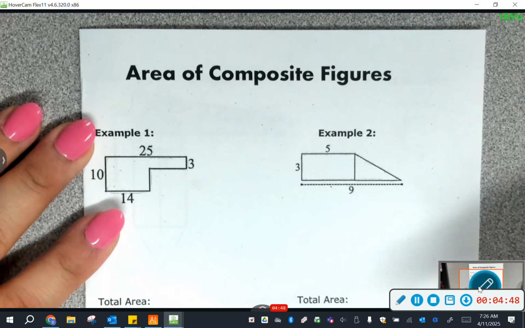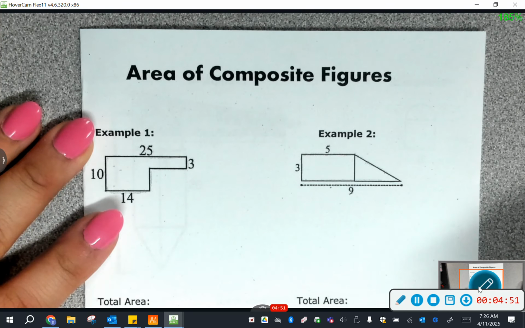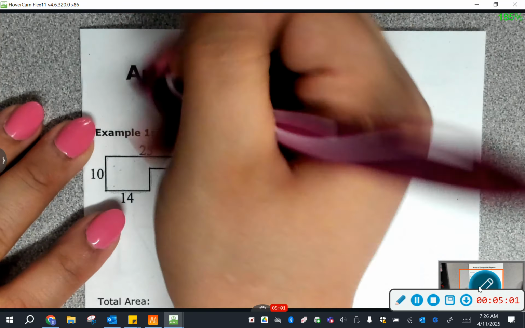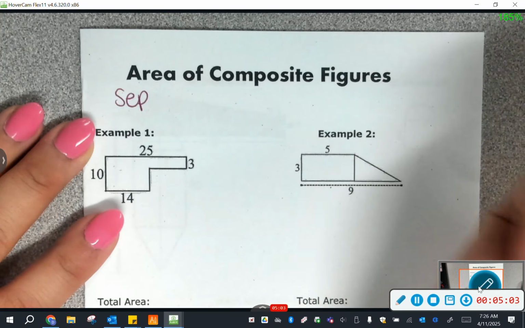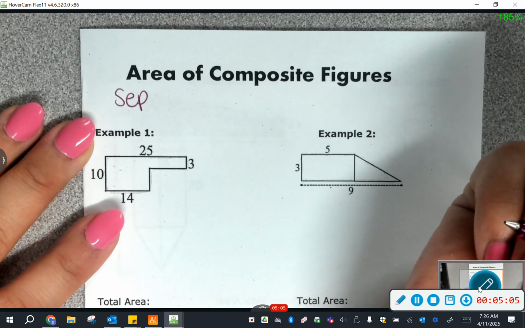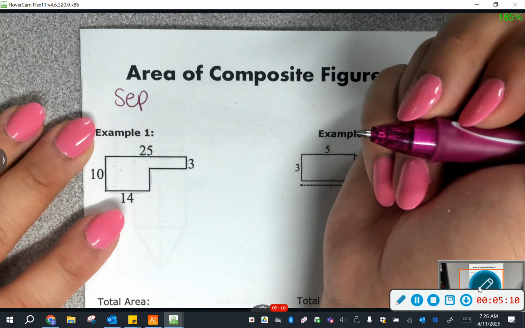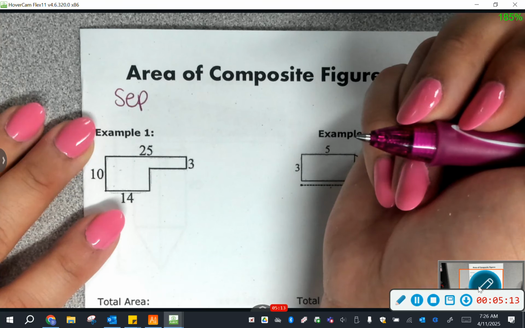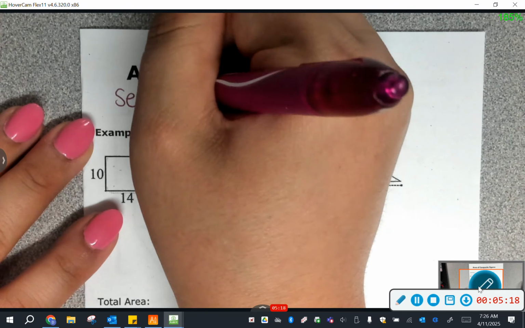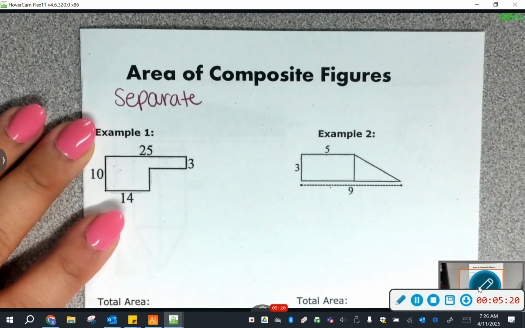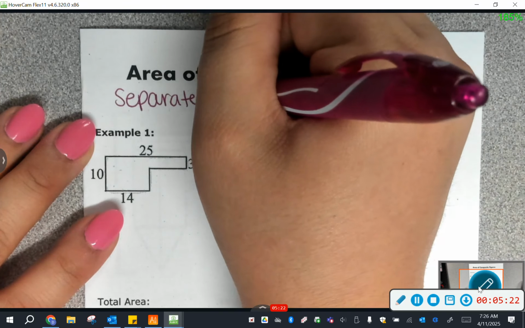And area of composite figures, let me see how I want you to write this. Separate the shapes. Okay, let's write separate.